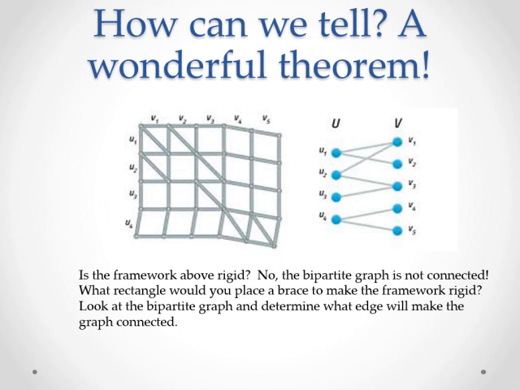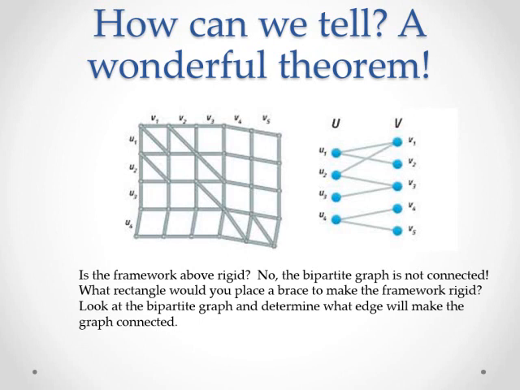Now that we have constructed the associated bipartite graph, we look and see whether or not it's connected. You can see in this example that the associated bipartite graph is not connected. There is no path from u4 to the other vertices except to v4 and v5. So the corresponding framework is not rigid.